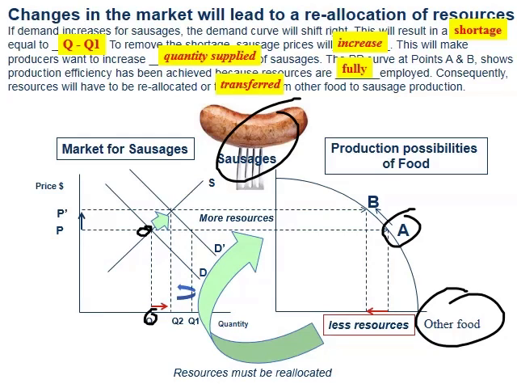The production possibility curve, if we look right here, at points A and B, shows production efficiency has been achieved because resources are fully employed. We're on the curve. Consequently, because resources are fully employed, if we want to produce more sausages, we have to reallocate resources away from other food in order to increase quantity supplied. So in this way, we've just seen how changes in the market will lead to a reallocation of resources.